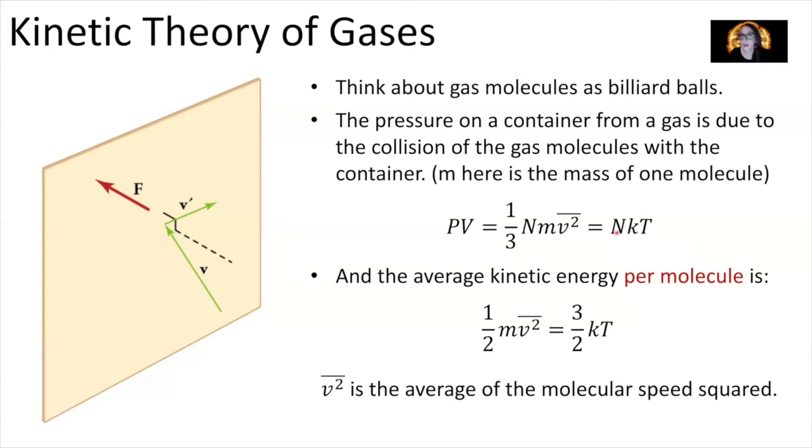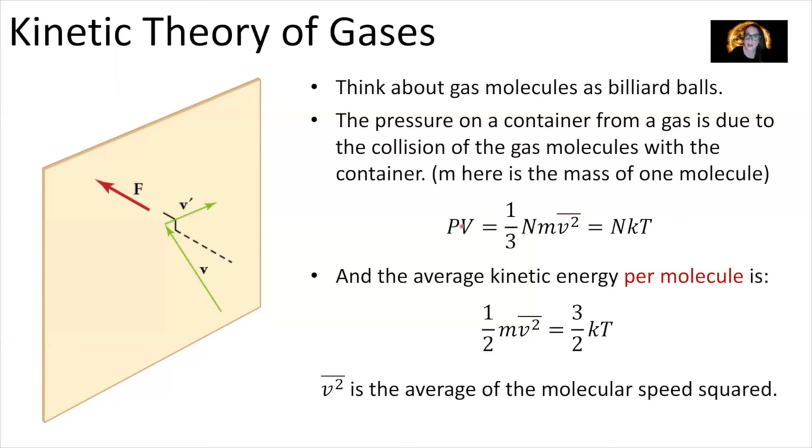Then we can derive an expression, which I'm not going to walk through that derivation for you this time, where we can say that the pressure on the walls of that container times the volume inside that container of the gas equals 1/3 times big N, which is the number of molecules inside the container, times the mass of one molecule, times v squared, with a bar above it because this is the average speed squared of those molecules.